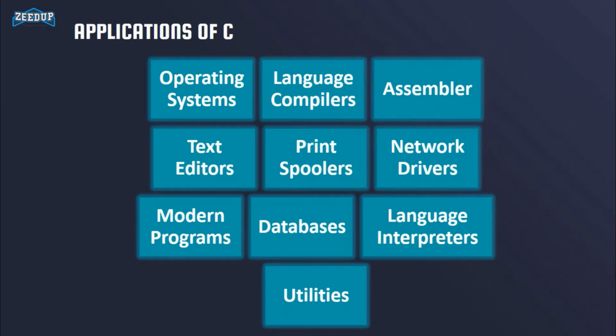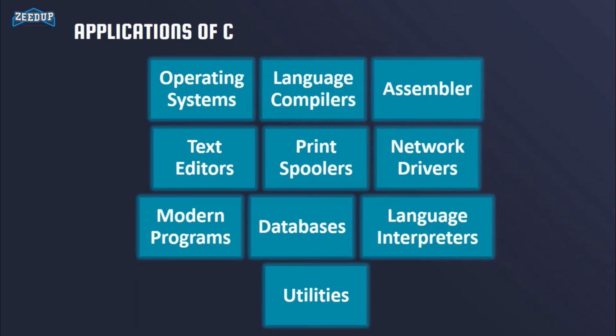Applications of C. Although the C programming language is used in a variety of places, initially it was used for system development work. Also it was taken because it is a very fast programming language.